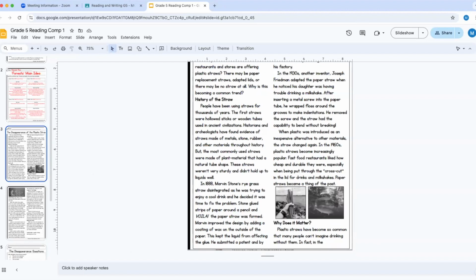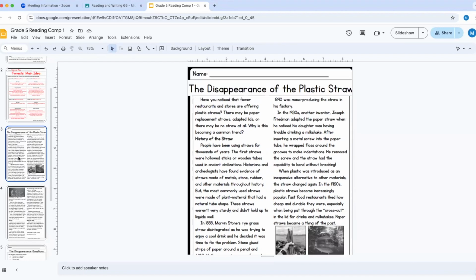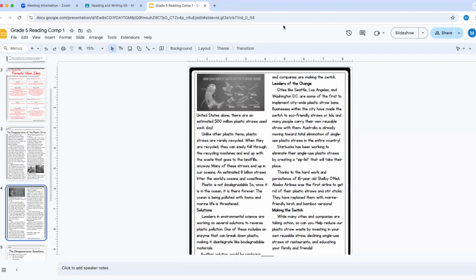Okay, listen. I want you to read the section, why does it matter? So it's 3 lines here. And then it goes down to the second page, down to here. Read that in your head. And then send me in the chat the main idea.